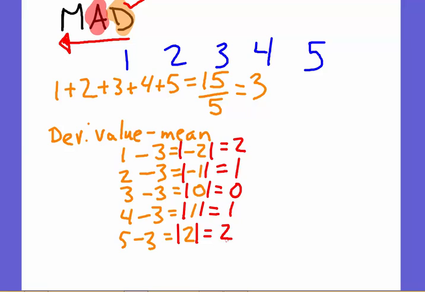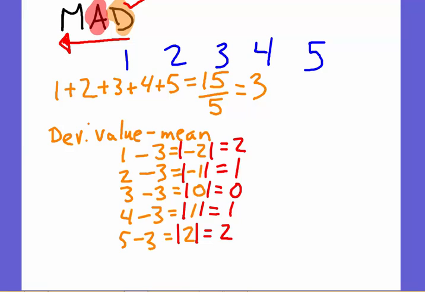Okay, think in your head: will the sum of the absolute values of the deviations be 0? No, it won't be, because I only have positive numbers now. When I add positive numbers, I always get a positive number. I won't get 0.